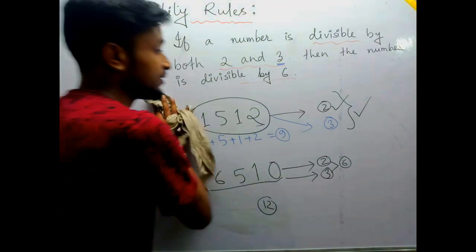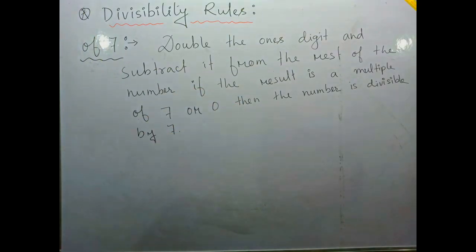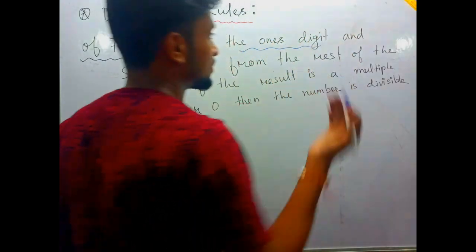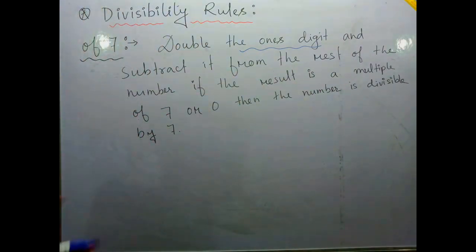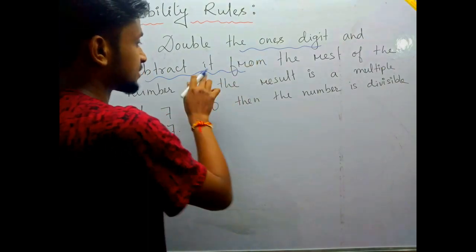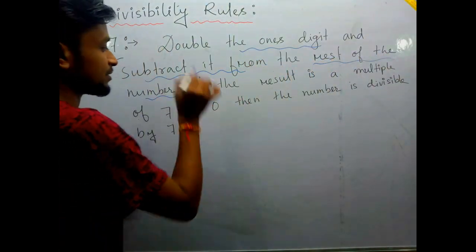Now check for 7. What is the divisibility rule of 7? Very interesting one. Double the ones digit. The ones place digit, we first double it. Then subtract the result from the rest of the number.